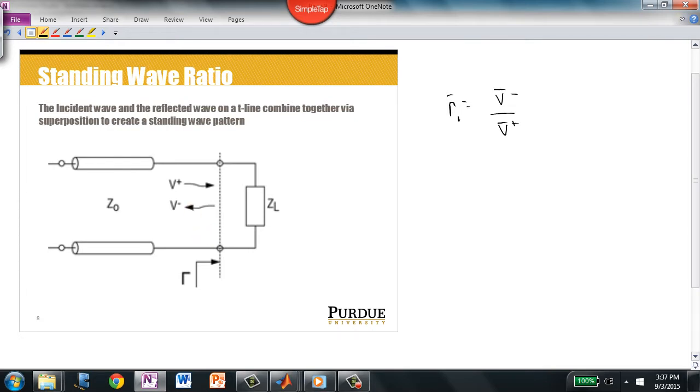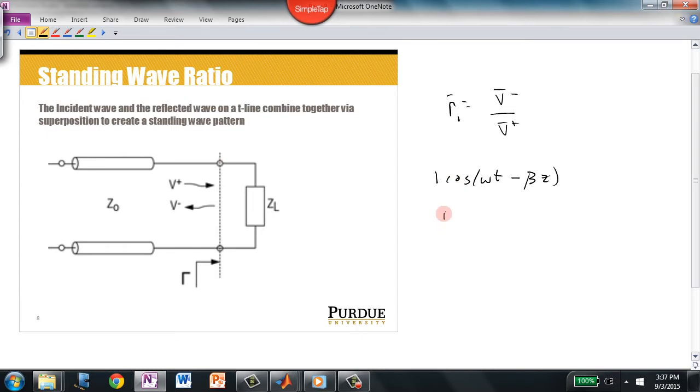And so, to better understand this phenomenon of the development of a standing wave, I want you to consider a voltage wave that's traveling on the T-line, 1 cosine of omega t minus beta z. So it's got an amplitude of 1, it's traveling along a lossless conductor because there's no attenuation, and is traveling from the left to the right.